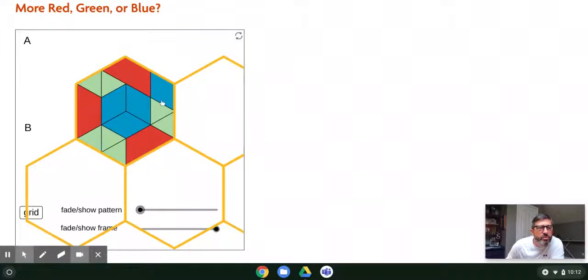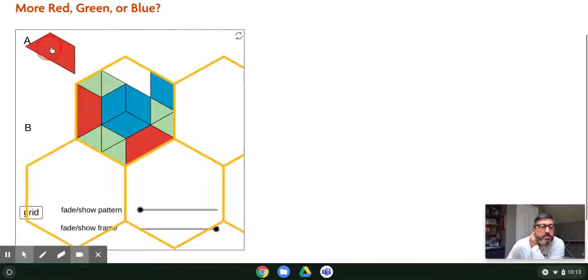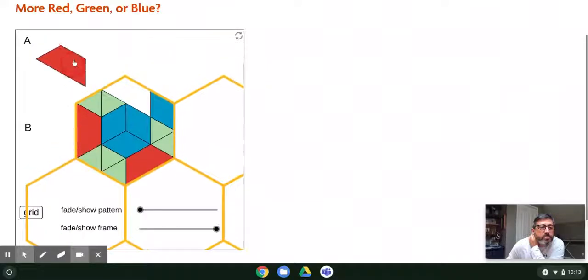So which one do you think covers more of this shape, the red, the blue, or the green? Red? Well, let's find out. How do we know that? The red shape is a trapezoid. Yes, that's right.